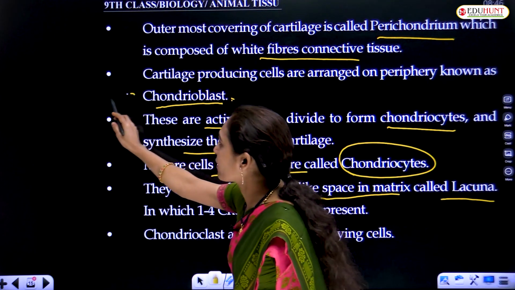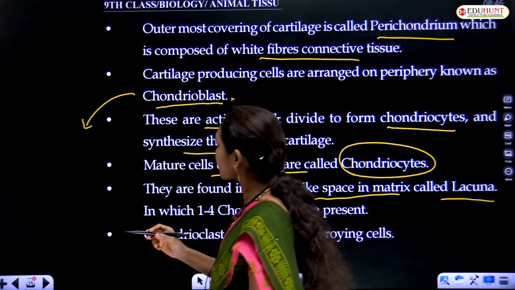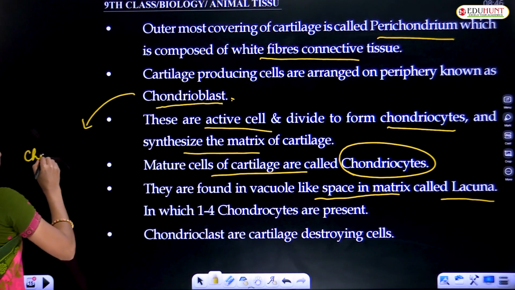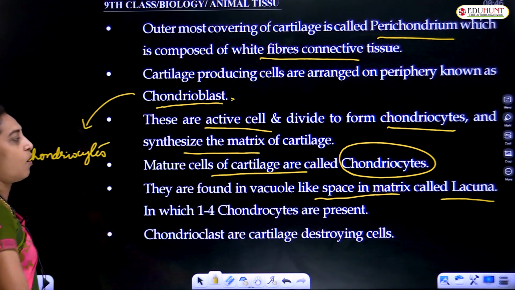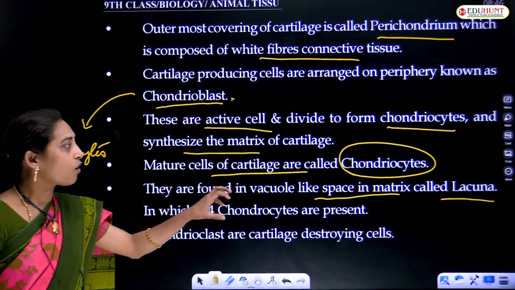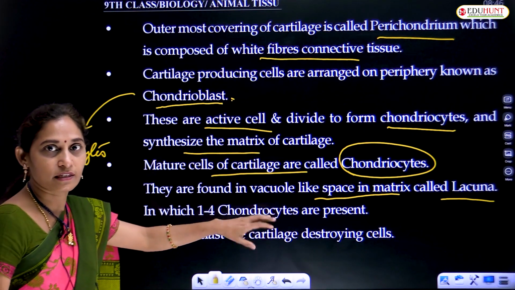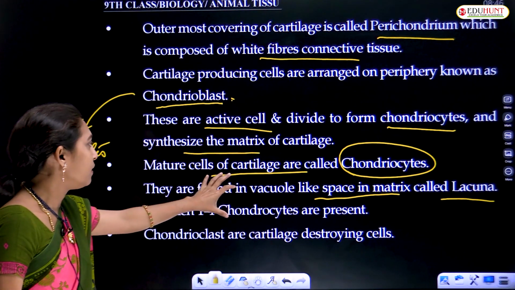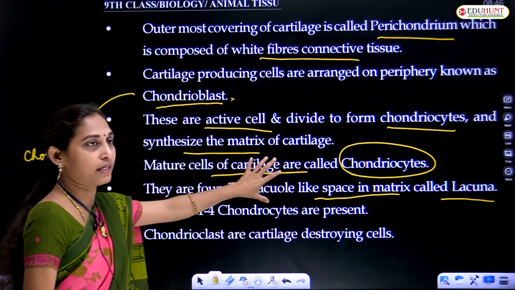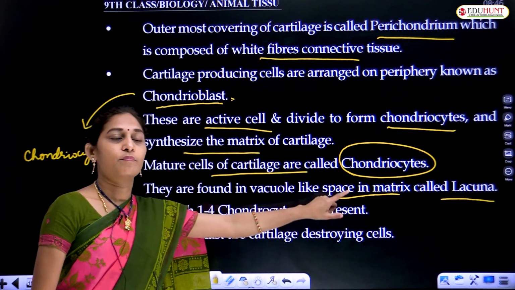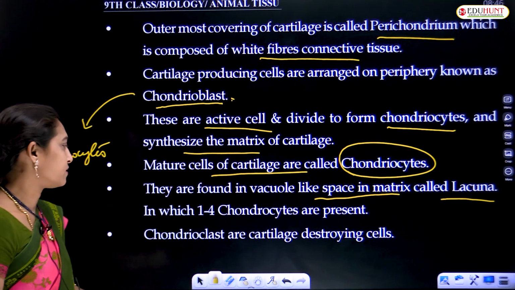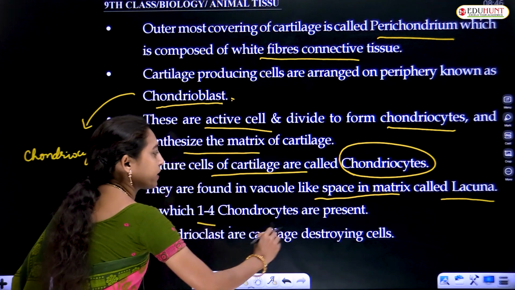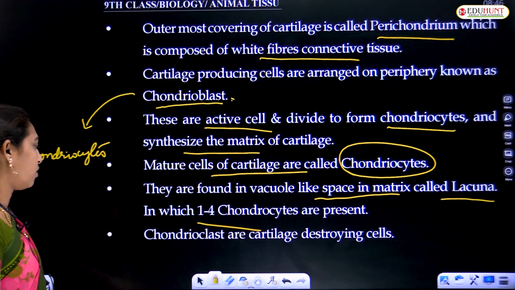Chondrioblasts, they give rise to chondriocytes of the matrix, and these chondriocytes that are present in the matrix of the lacuna. Mature cartilage consists of these chondriocytes, and which are 1 to 4 in number in the lacuna of the cartilage.